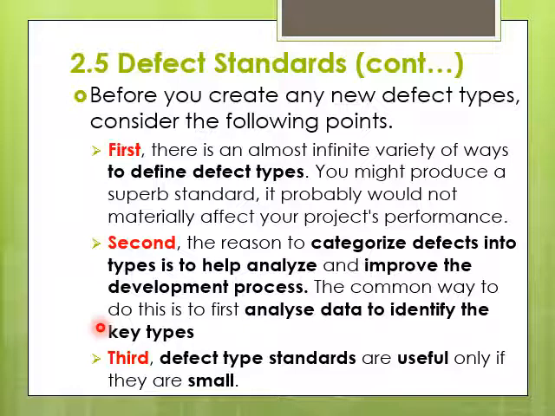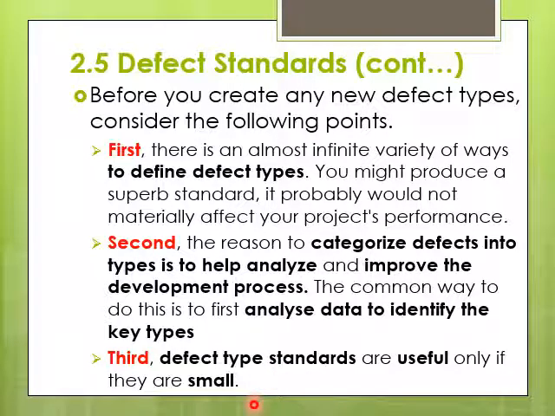Third, a defect type standard is useful only if it is small. One of the graduate students who worked as a PSP course assistant was writing a thesis on defect types. He thought that the 10 PSP defect types were inadequate, so he devised a new 6-page standard.